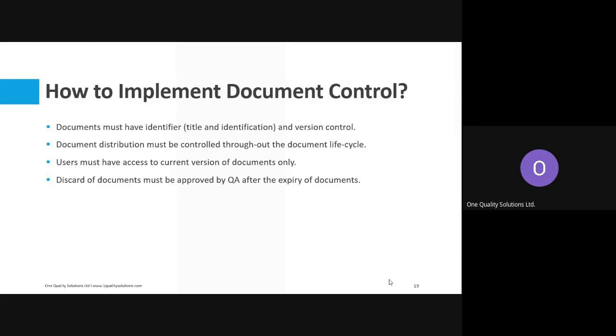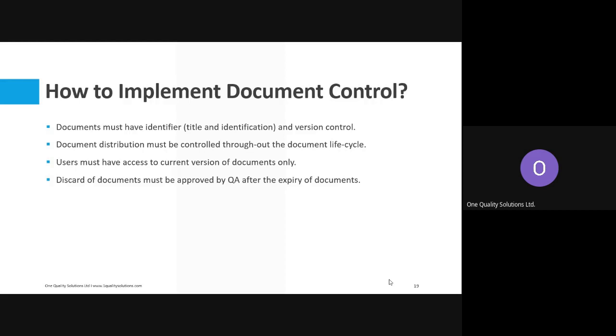Users must have access to the current version of documents only. So when any document is prepared or updated, you need to distribute it as per the distribution list, and if updated, the previous version needs to be withdrawn. So in the workplace, users have the current version of the documents, right?